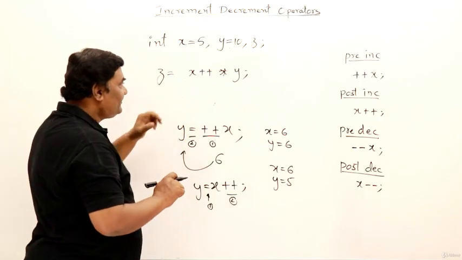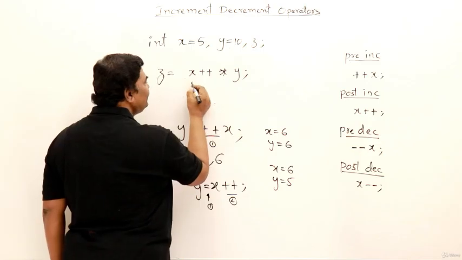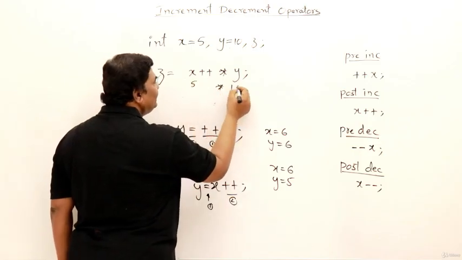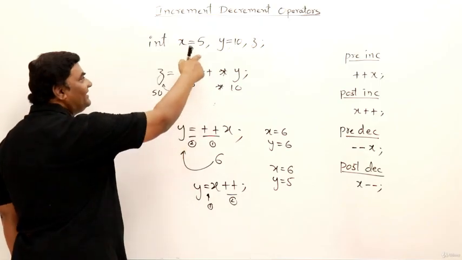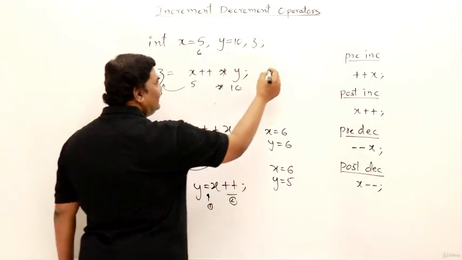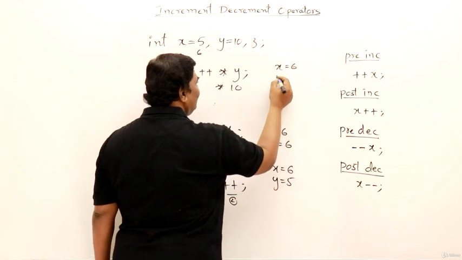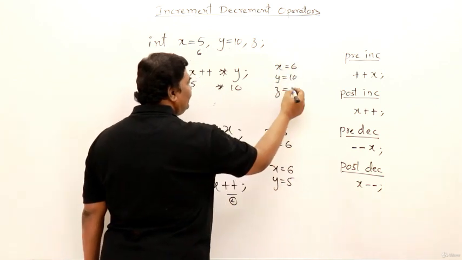Afterwards. So first which operation is performed? Multiplication. What is the value of x? 5 into 10. So this 50 is stored in z and then x becomes 6. After this, the result will be x is 6 and y is 10 only. It is not being modified, and z becomes 50.